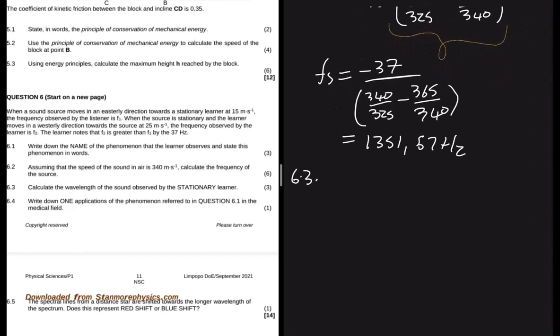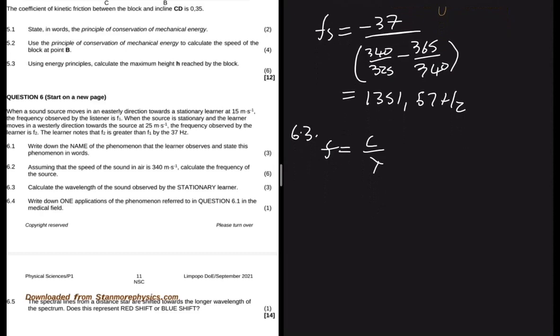6.3 says calculate the wavelength of the sound observed by the stationary learner, right? So we know that frequency equals speed divided by wavelength. If we make the wavelength the subject of the formula, because it's what we want, we get wavelength equals the speed divided by the frequency. And then what is the speed? Because we're talking about sound here in air, we are told that the speed is 340.